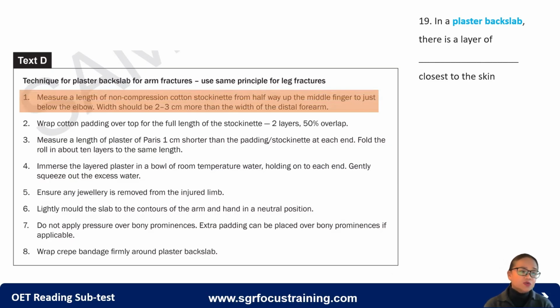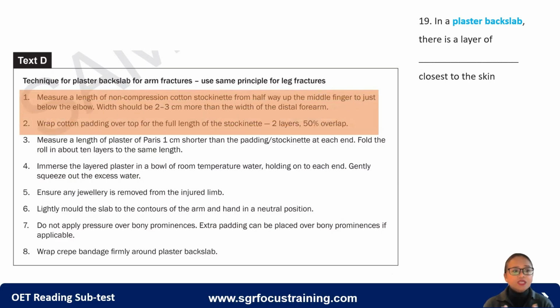So we're going to look at information number 1 in here, okay? So it says measure a length of non-compression cotton stockinette from halfway up the middle finger to just below the elbow. Okay, so at the moment we're just measuring. We're not putting anything yet on the skin. So we read number 2.